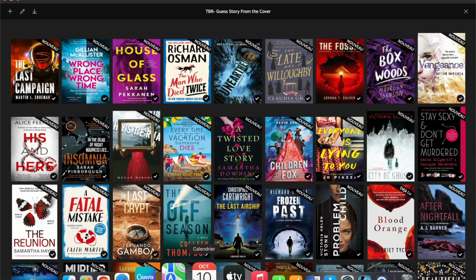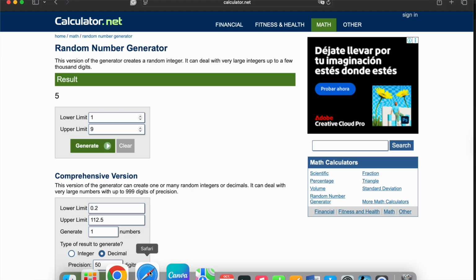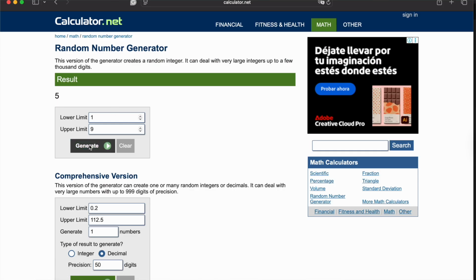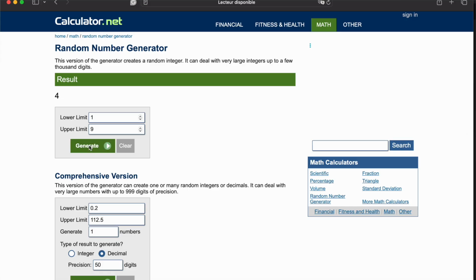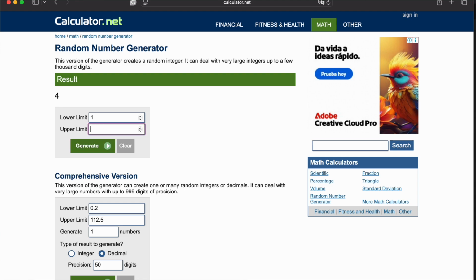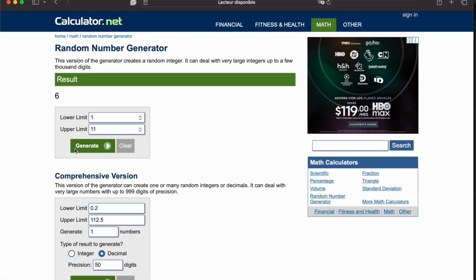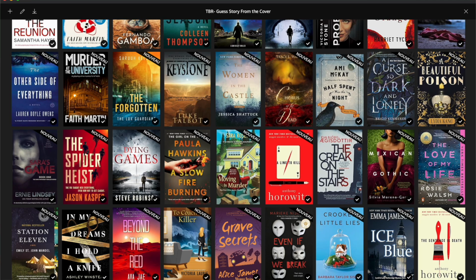So there is a witch thing, and there is a murder mystery with the university. Interesting. Let's see for the third one. I'm generating another number 4 like this, and this is going to be 6. To Coach a Killer, instead of To Catch a Killer, by Victoria Laurie.